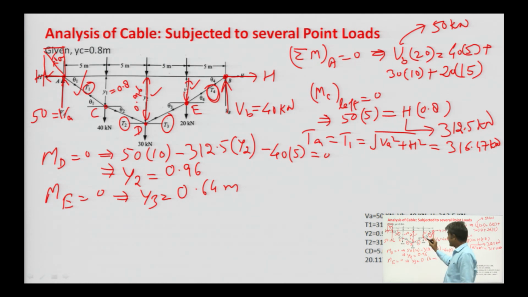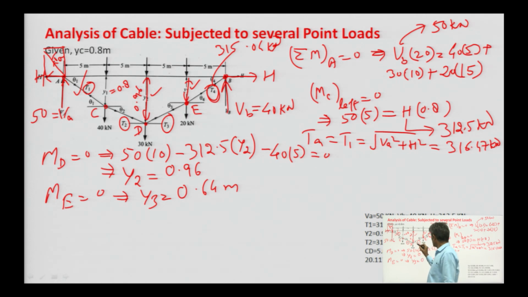By applying the bending moment M equals 0, we get the value of T4 as 315.04 kilonewton. Now, we need to find the values of T2 and T3.